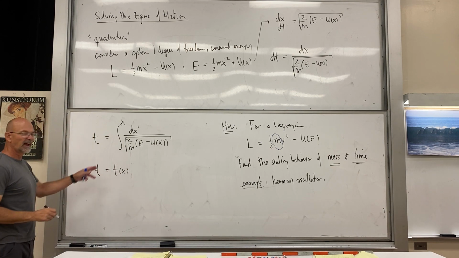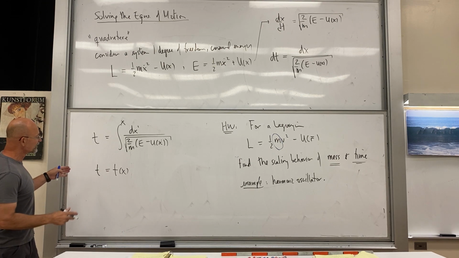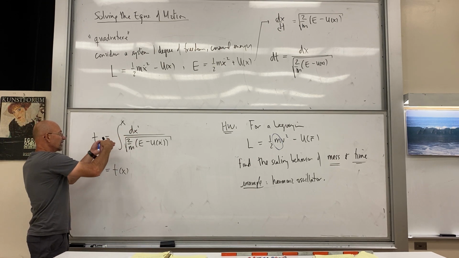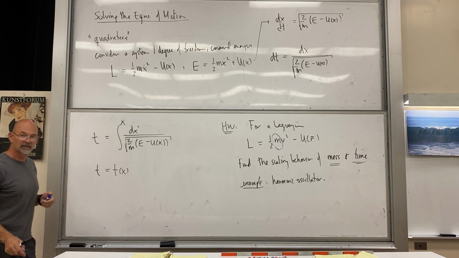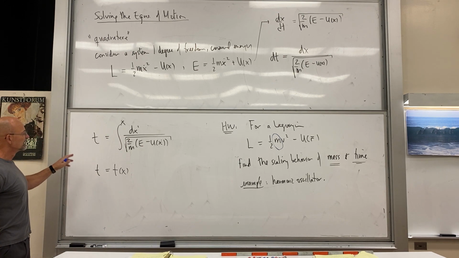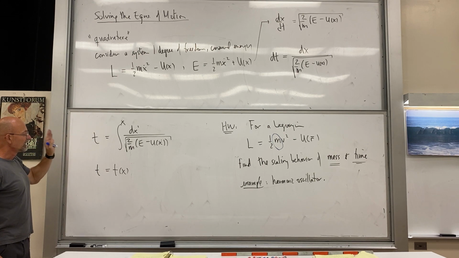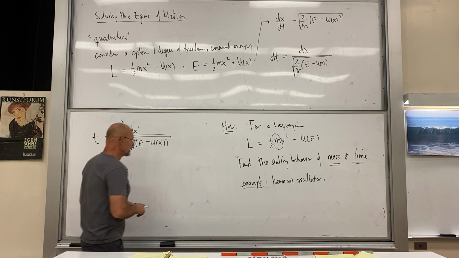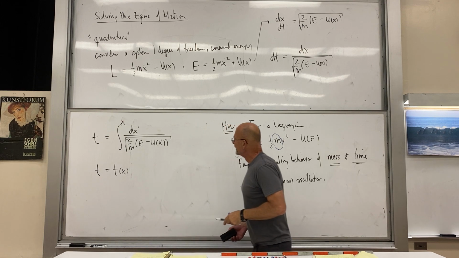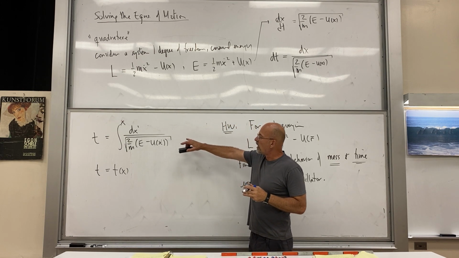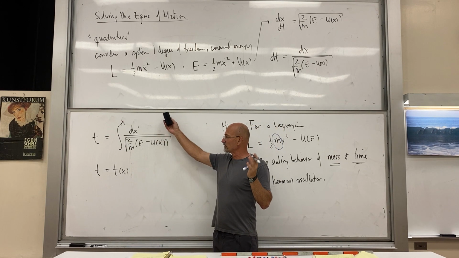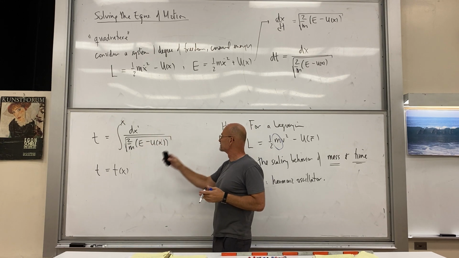What we want is x of t, but we may not be able to invert this thing because it may not be a sine or a cosine or something. So this may be as far as we can get in a mechanics problem. And this is what we call the quadrature. Quadrature is a fancy old-fashioned word for integration.